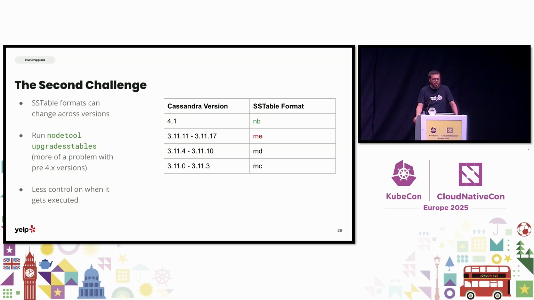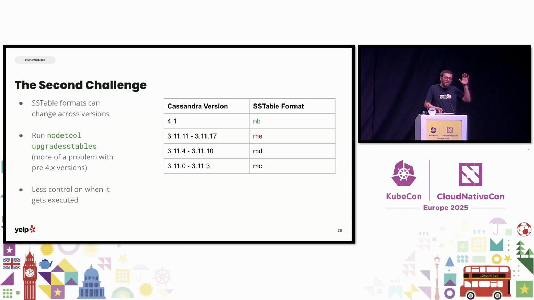Usually, from a read perspective, adjacent major versions support reading older SSTables, but there aren't any performance guarantees around it. So it's recommended that as soon as you upgrade the node, you upgrade the SSTables as well.